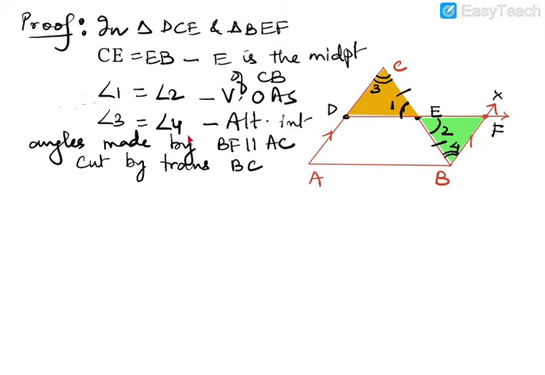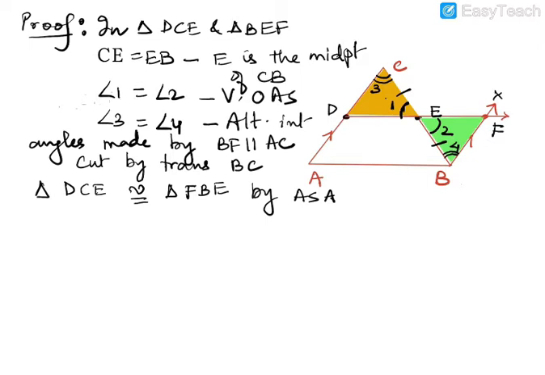So with these steps, we have shown that in these two triangles, two corresponding angles and an included side are equal. Make sure to write the correct order. So triangle DCE will be congruent to triangle FBE by angle side angle.